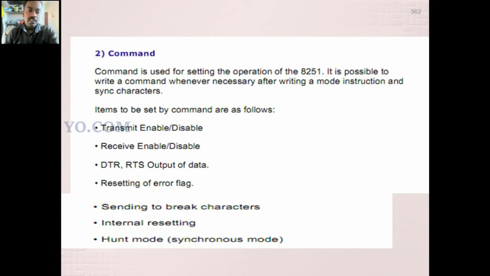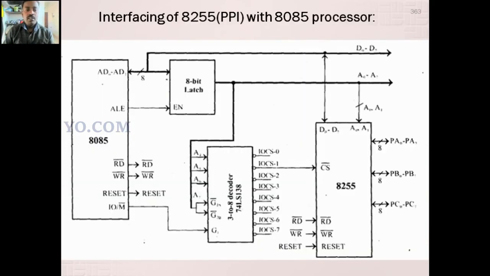The items considered in the command word are: transmit enable or disable, receive enable or disable, transmit ready, receive DTR, request to send, resetting of error flag, sending break characters, internal resetting, and hunt mode, that is a synchronous mode. These are considered in the command.